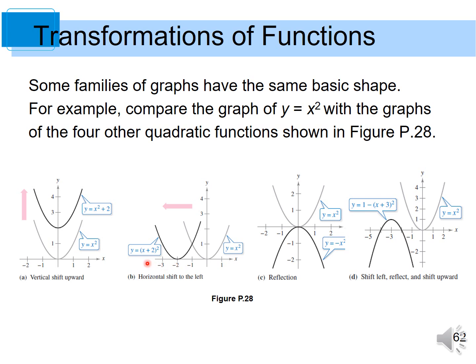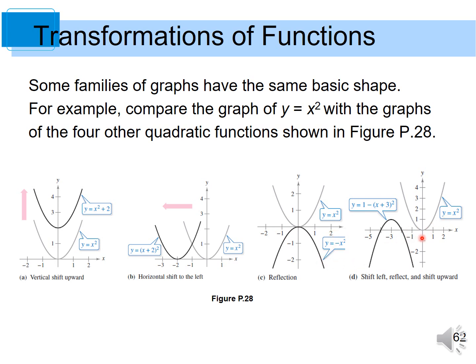If you have a function x minus 2, you should shift your graph to the right side by 2 units. For this operation, you can see the original function y equal to x squared, and you have y equal to negative x squared. So this is a reflection about the x-axis.